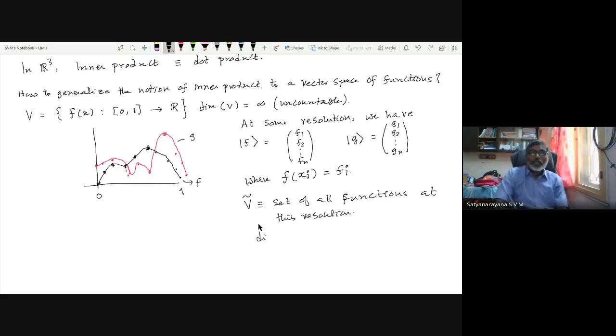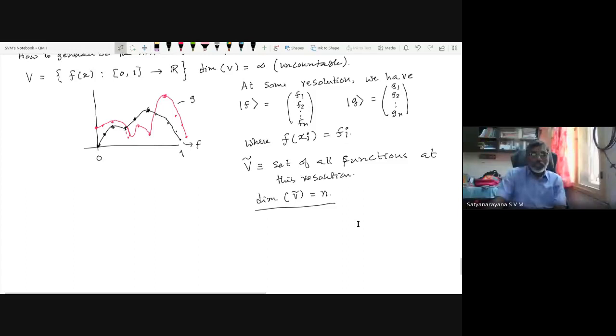What is the dimension of v tilde? The dimension of v tilde is n, because this is an n-tuple. So at this resolution, we have a dimension of n.